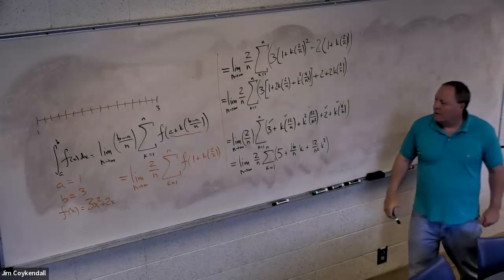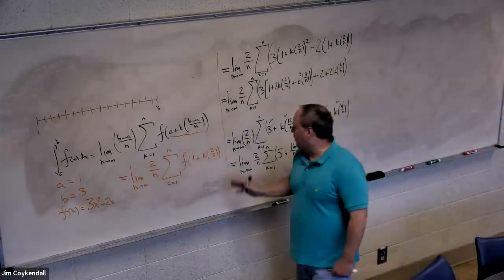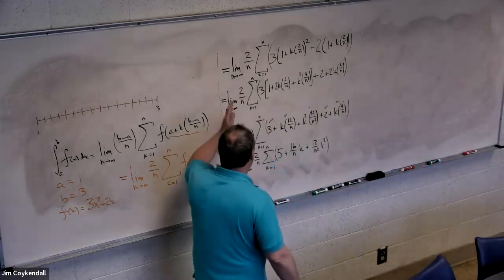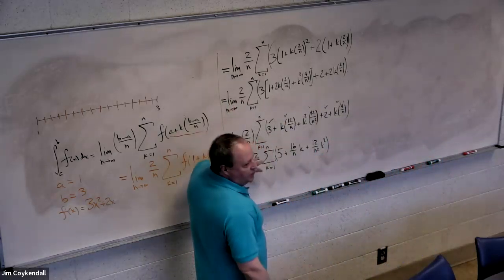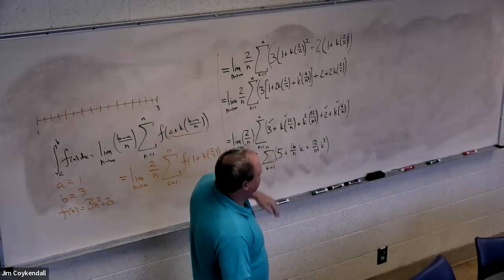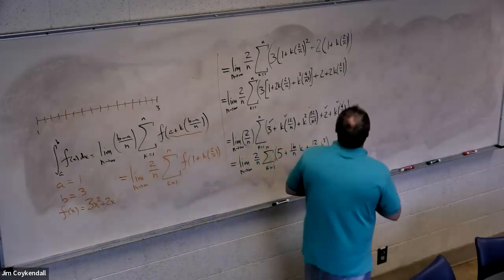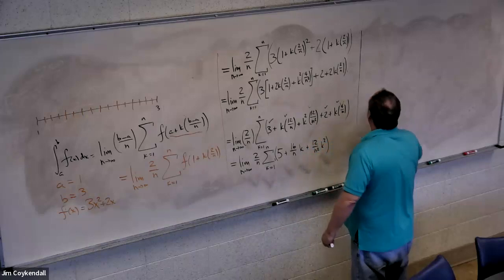Now, what I'm going to do now, by the way, I keep writing this limit down every time, it's all proper, but notice, I'm not even going to do anything. You shouldn't be doing anything with the limit. It's just along for the ride, to be correct.